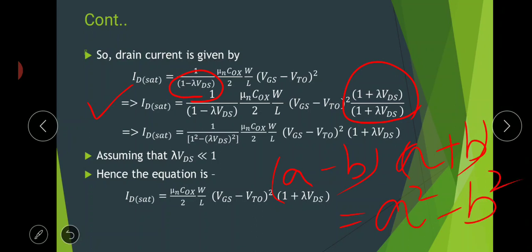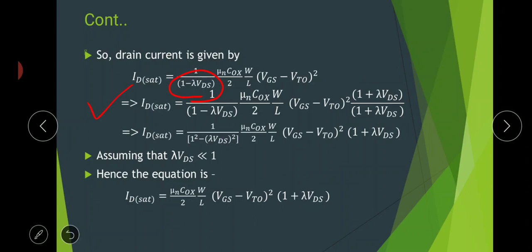So we use this formula and here we write this value. Then we assume lambda VDS is less than 1, because of that we neglect this term, and finally we get the ID sat value, that is mu n Cox by 2 into W by L into VGS minus VT0 whole square into 1 plus lambda VDS. So this is the equation in channel length modulation.